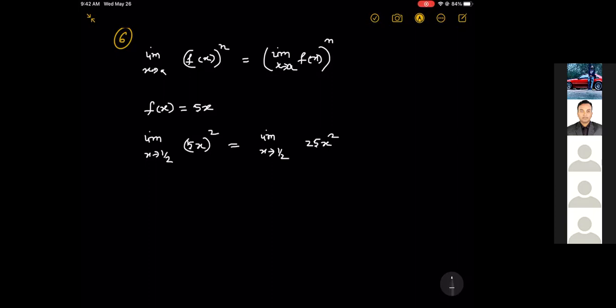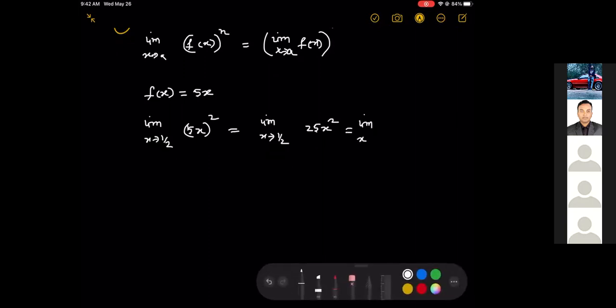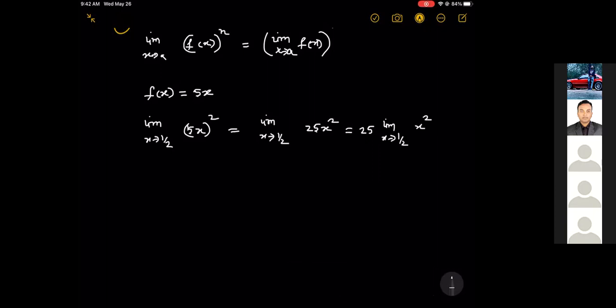We can actually do one even more precise. Constant? Constant, yeah, because we can actually write it like this, because 25 is a constant. We can actually keep it outside like this and find the limit of x squared, right? It's the constant multiple law. I think we can use power law too. This is the power law, by the way.